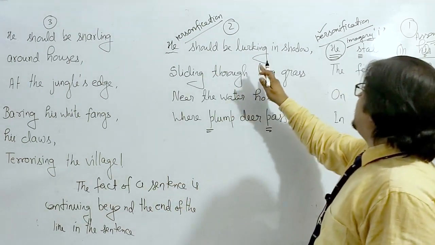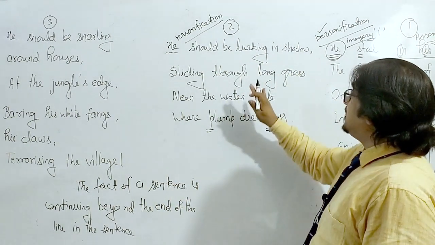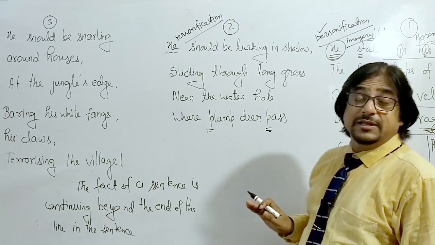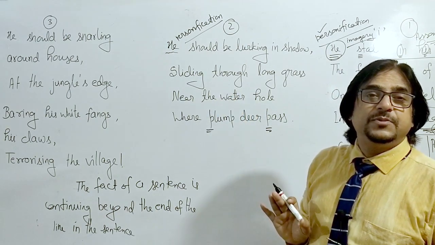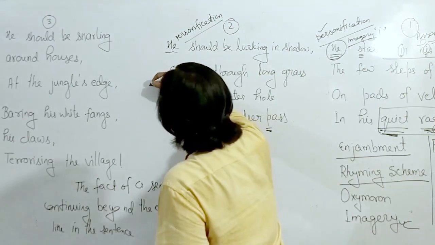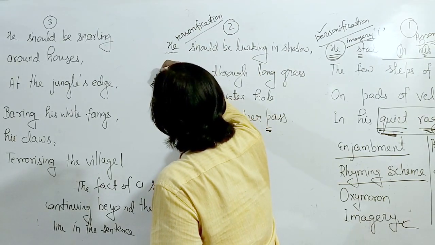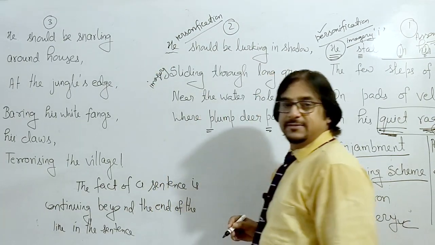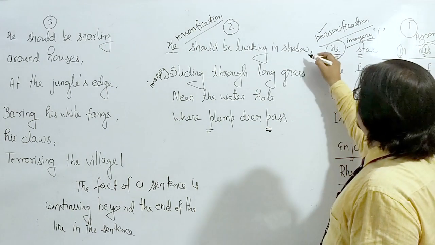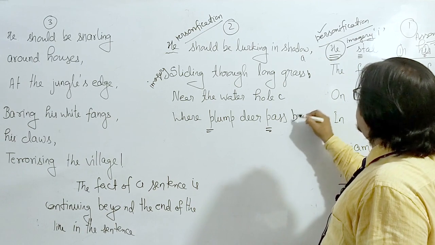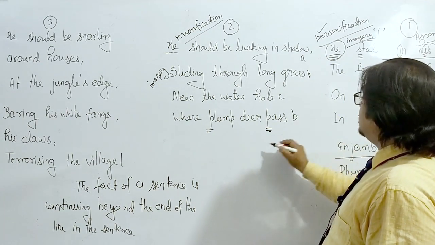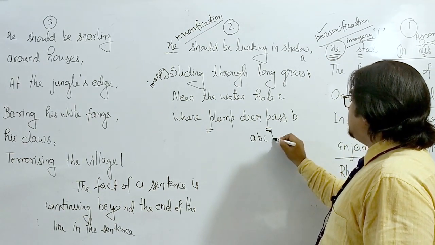"He should be lurking in the shadow, sliding through long grass" is the scene of the jungle, so the imagery poetic device has been used here. The rhyming scheme A, B, C, B has been used: grass, pass.